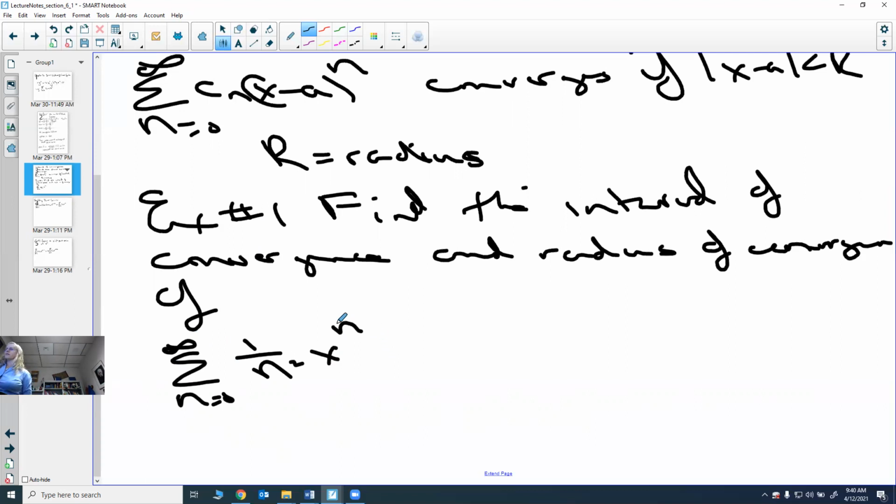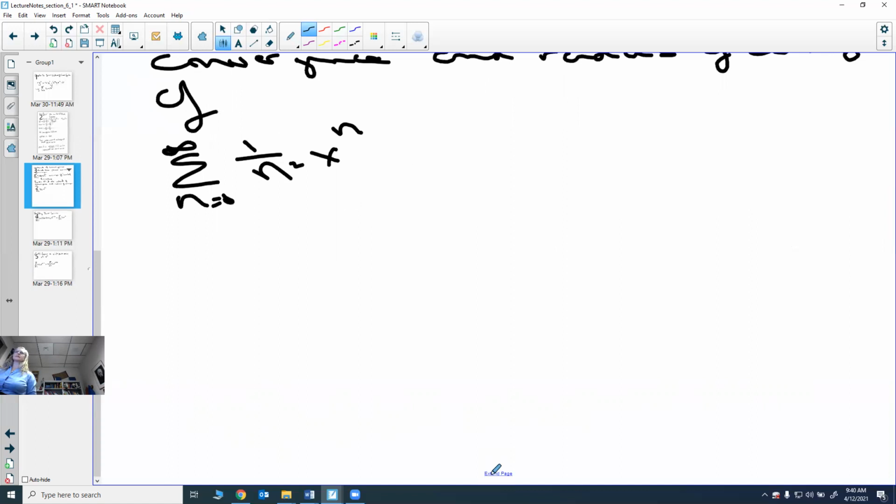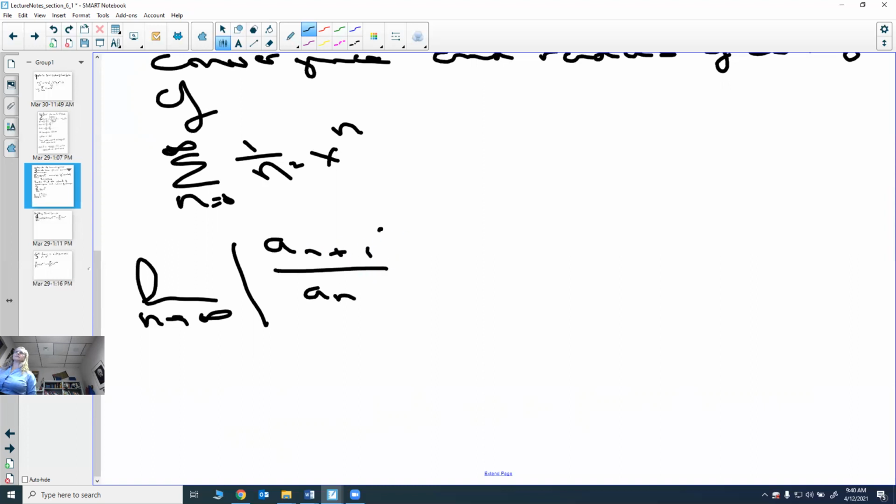So we want to find this radius of convergence. One way to do this is to look at the ratio test. So what we're going to do is take the limit as n goes to infinity of, let's say, a to the n plus 1 over a to the n. That's the ratio test.